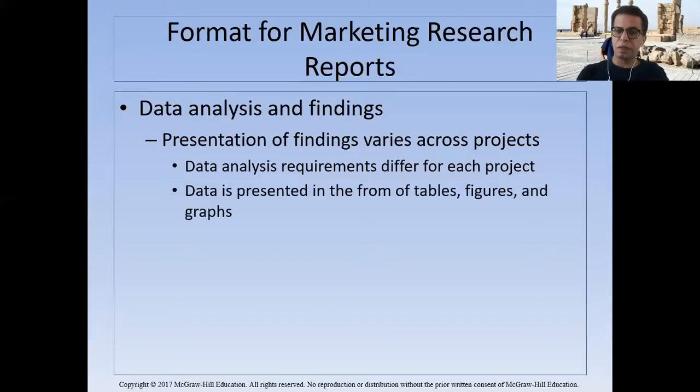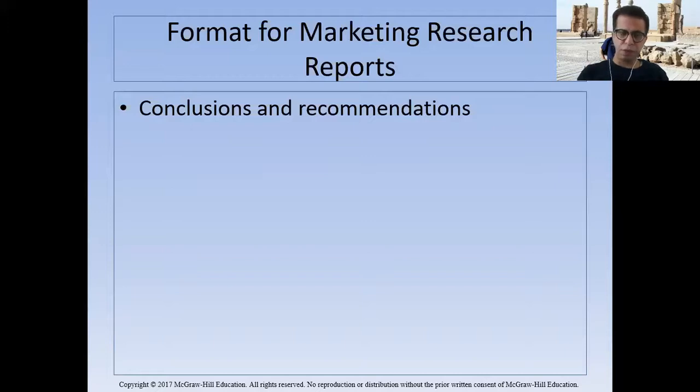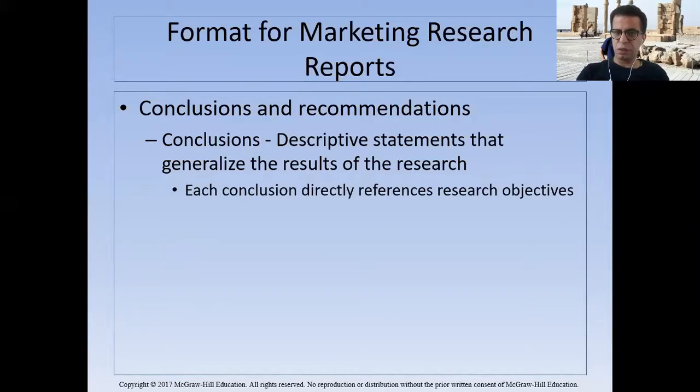Data is presented, as we said, and could be in tables, figures, or graphs, and then conclusion and recommendations. In the end, you write the conclusion and recommendations. And conclusion is descriptive. This is a statement that generalizes the result of your research.